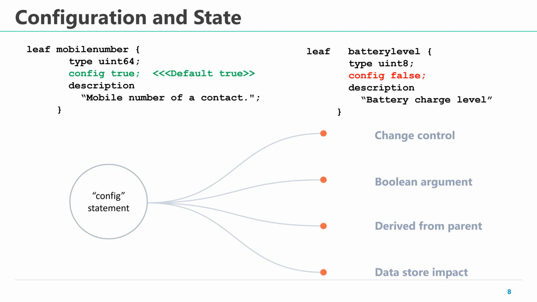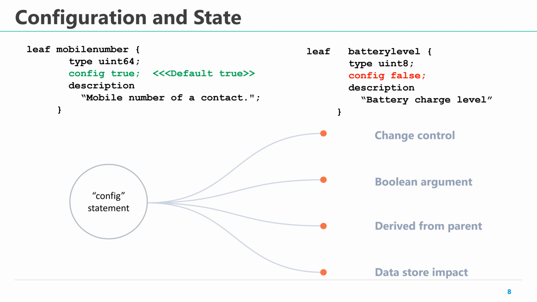If a child node has to have a different type of value from its parent, there are certain rules associated with it. We will not cover that here. We will see that in later sessions. But by default, a child node derives the value for its configuration or state from its parent.